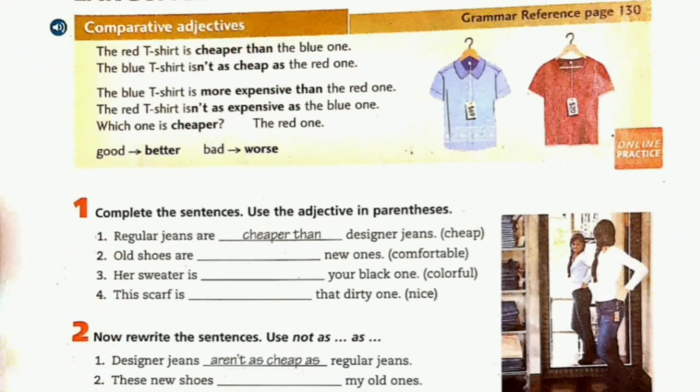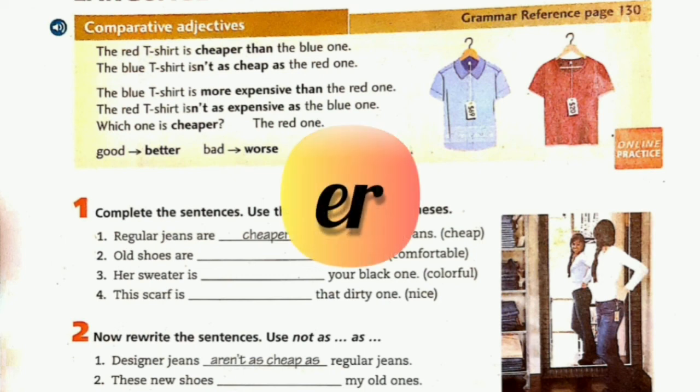Now on page 45, this is going to be homework. You're going to use the adjectives that you have in the parentheses in practice number 1, and you're going to complete the sentences by using the comparative adjective. Depending on the number of syllables of the adjective, remember that you're going to add either -er or the word more.